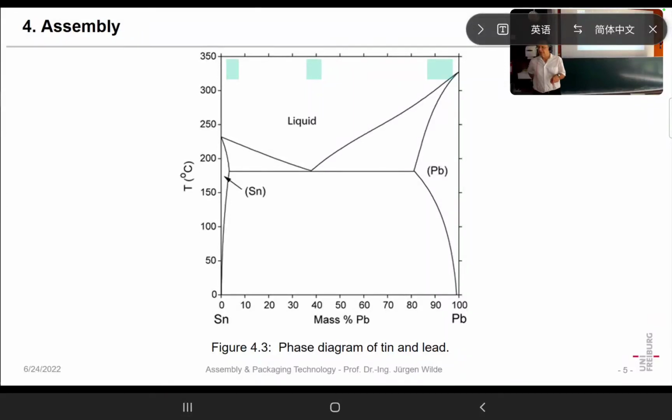In that diagram, is there one single melting point? Okay, it depends on the composition.